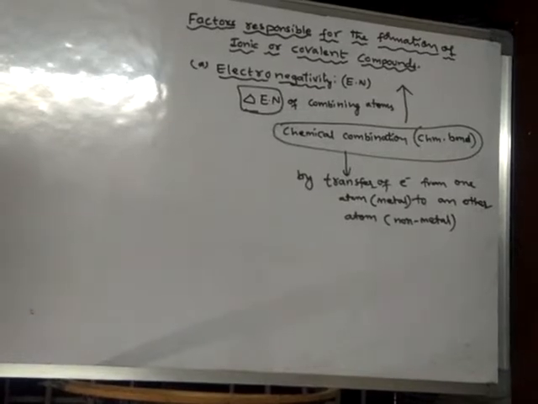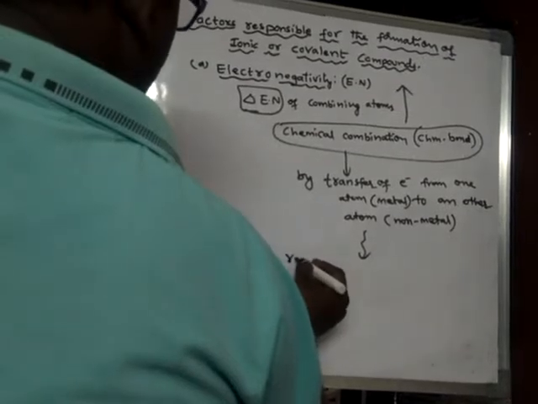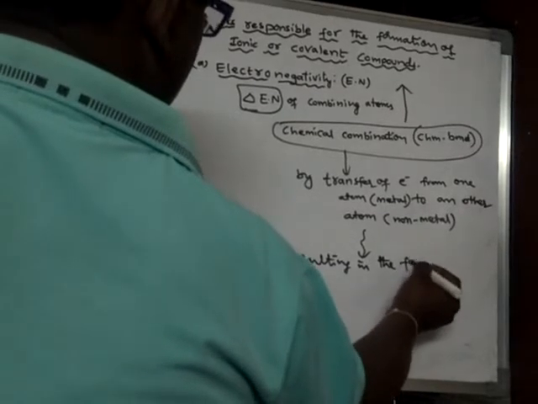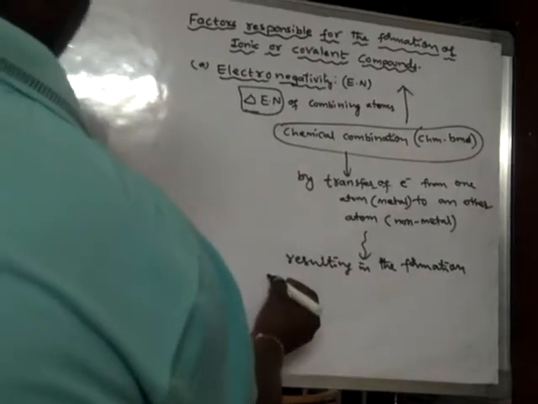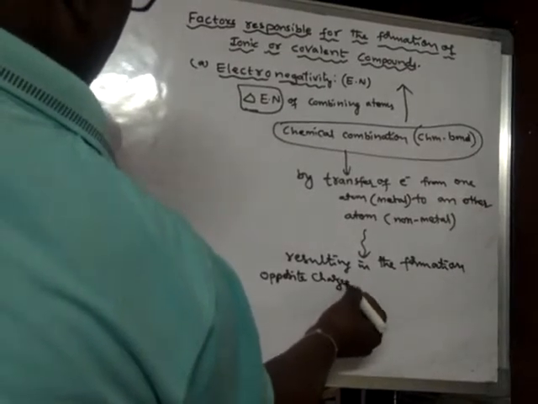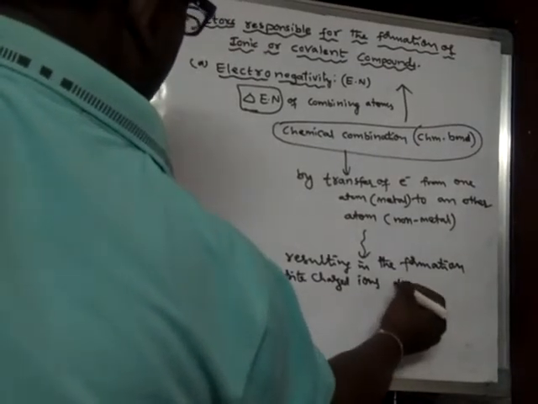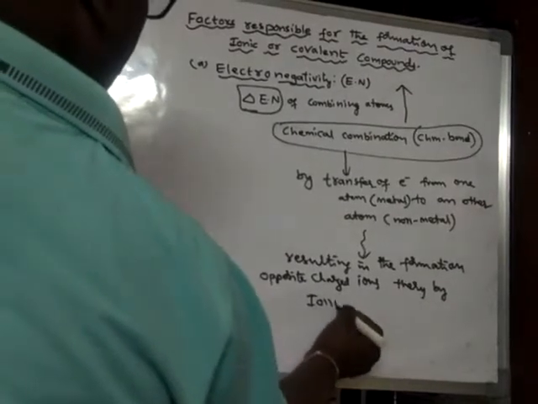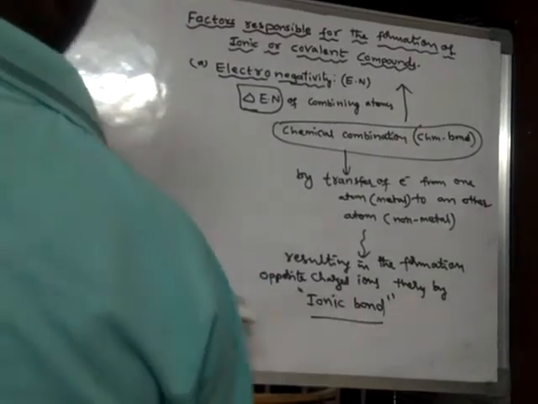As a result, this results in the formation of oppositely charged ions, thereby an ionic bond. So finally an ionic bond is formed.